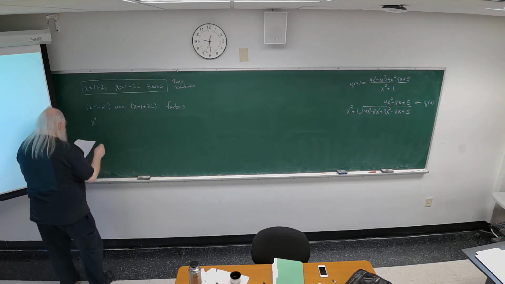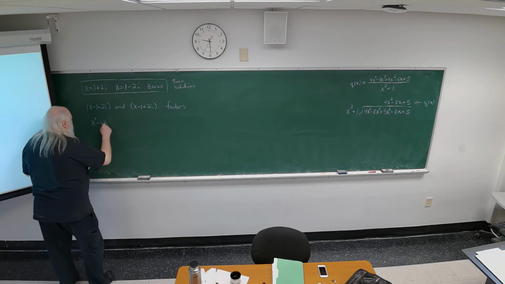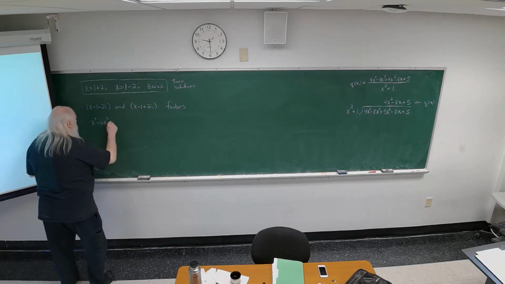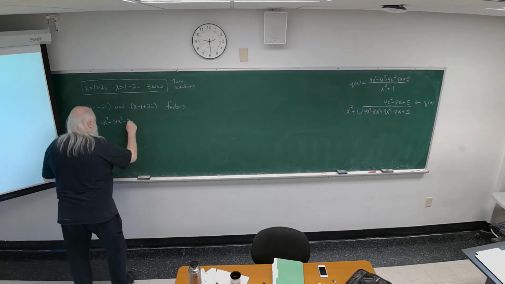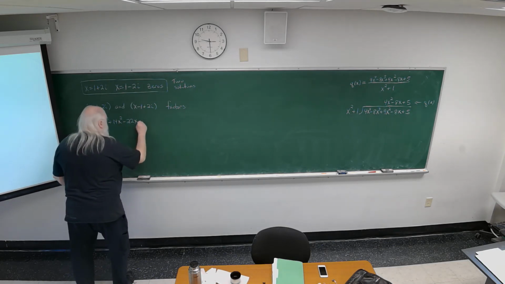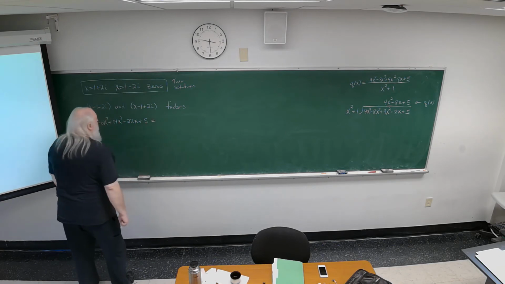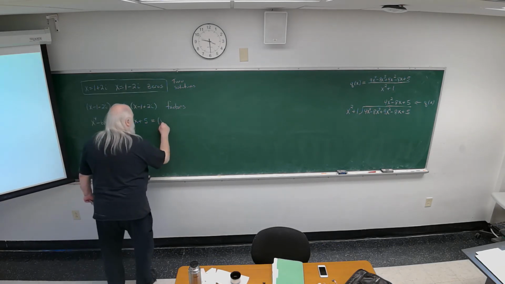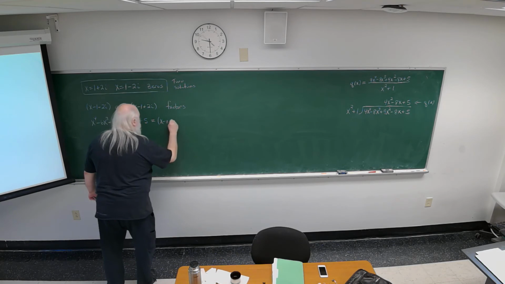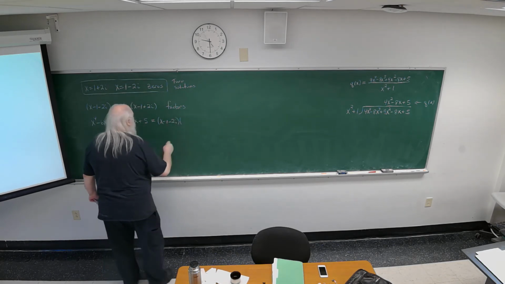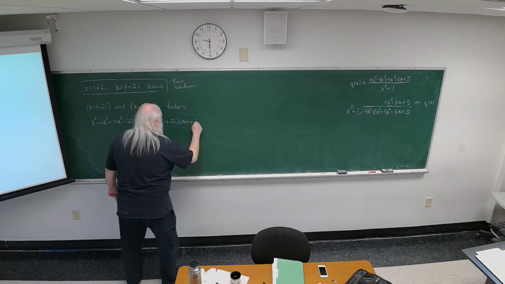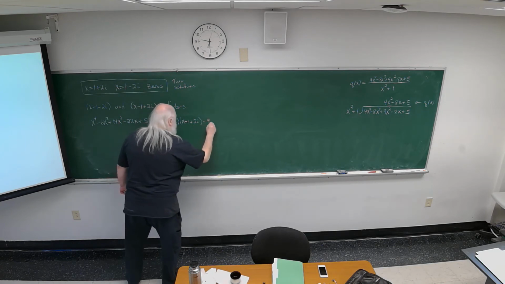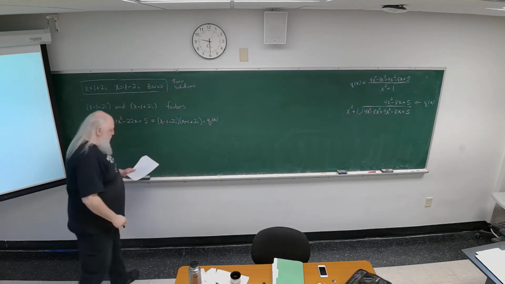So x to the fourth minus 6x cubed plus 14x squared minus 22x plus 5 is equal to this first factor times the second factor, x minus 1 plus 2i, times an unknown quadratic.